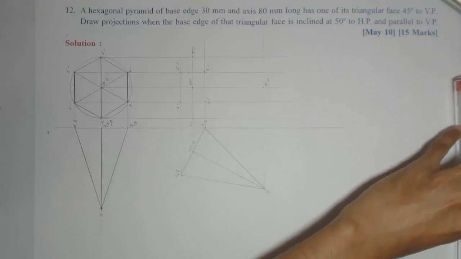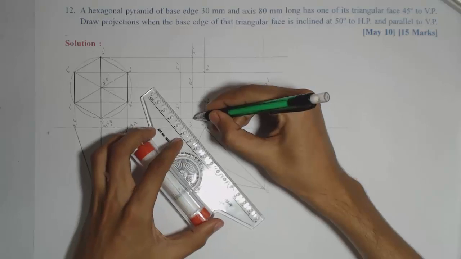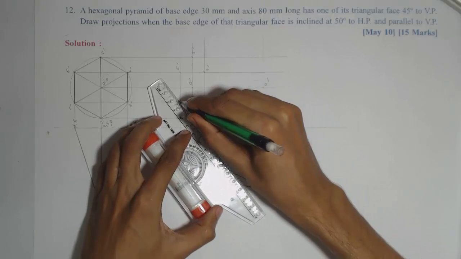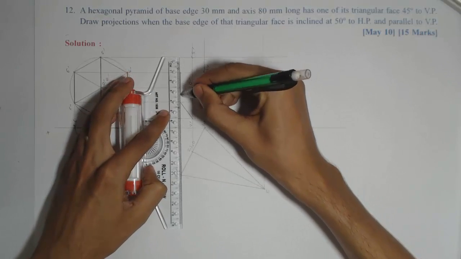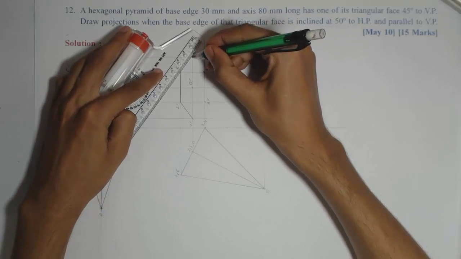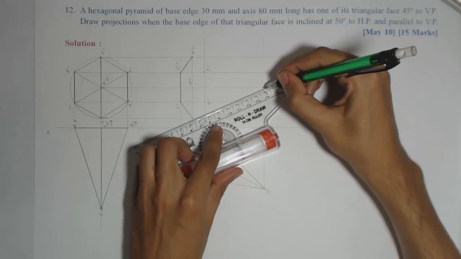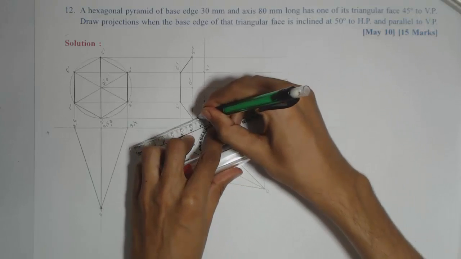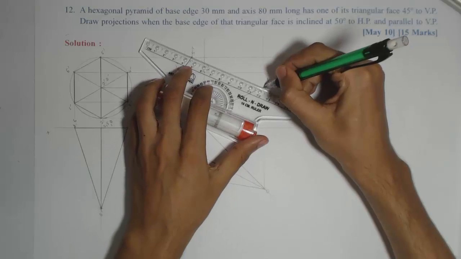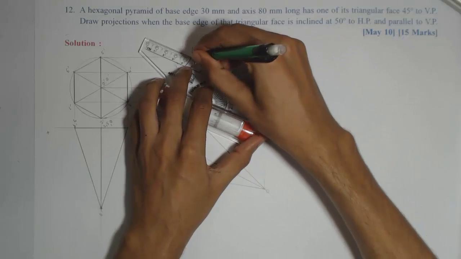Now we'll first make the boundary arc 1 dash 2 dash, 1 dash 6 dash, 5 dash 6 dash, then O dash 2 dash is the slant edge lying on the boundary, then O dash 5 dash again a slant edge lying on the boundary.